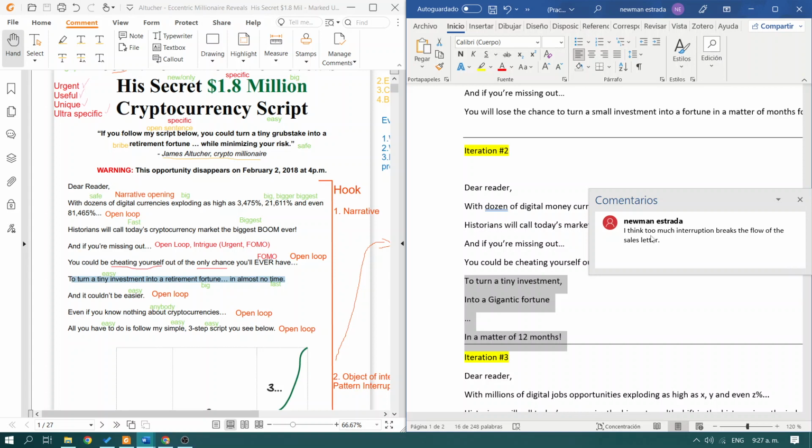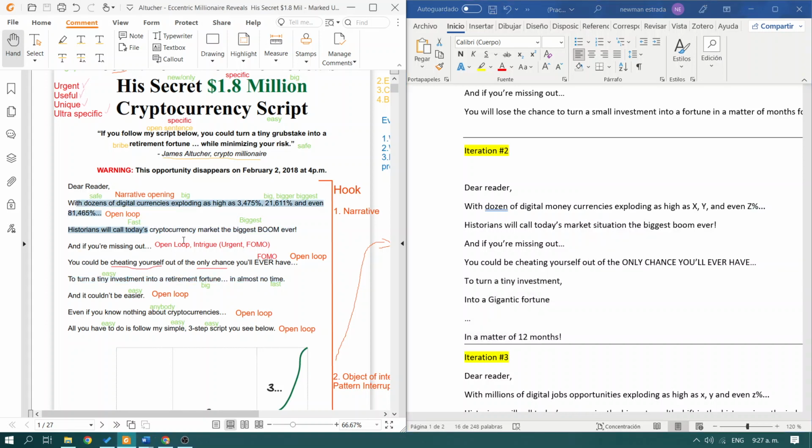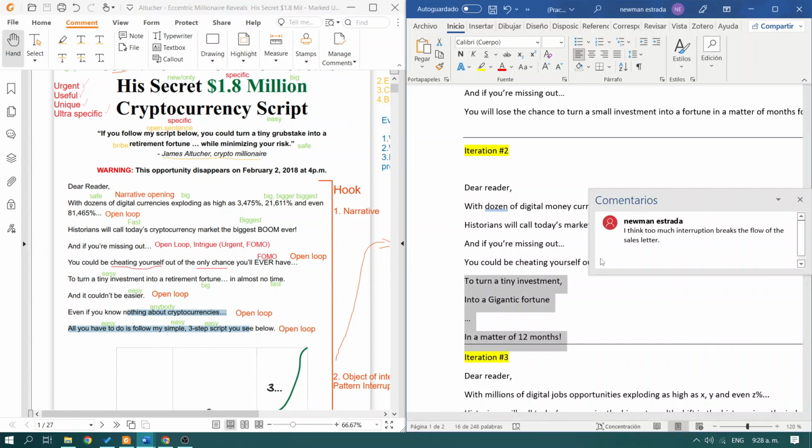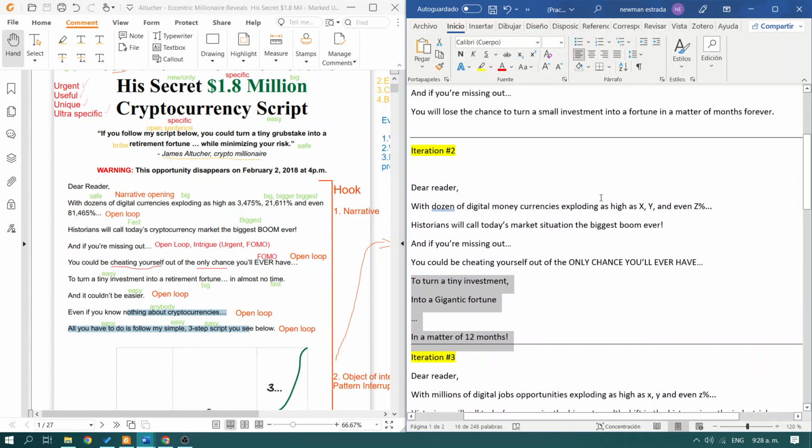Maybe he does not break that sentence too much, because if you break sentences, he does that. He breaks it here and continues it. He breaks it here and then continues it. And he breaks it here and continues it. So it's not bad. But if you break it and break it and break it too much, it breaks the flow of the sales letter. So this is my second observation.